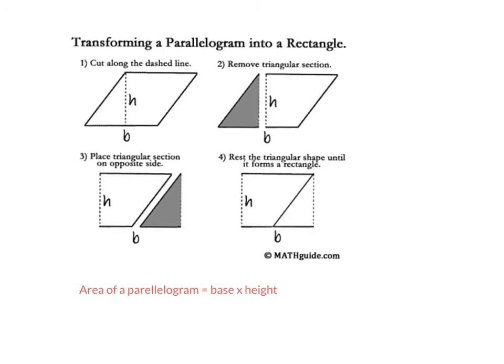So in fact, a rectangle is a parallelogram, and the length of the rectangle would be the base, and the width would be the height. The area of a parallelogram is actually the same as the area of a rectangle if it has the same base and the same height.